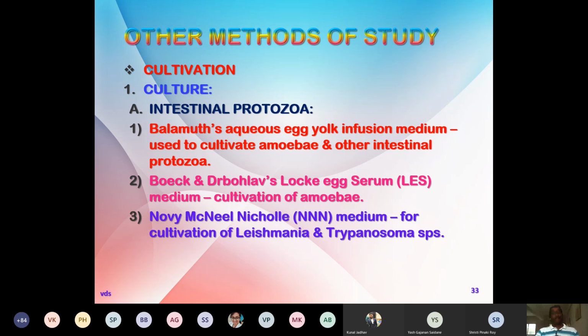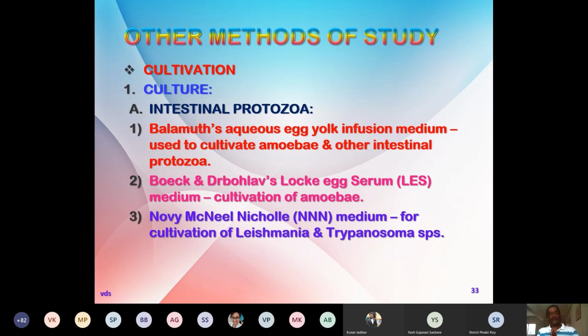Then, other methods of study, cultivation. As I've told you, we are not going to go into the details of how the parasites are cultivated. I'll just mention some of them which are under research and study. Intestinal protozoan parasite: Balamuth's aqueous egg yolk infusion medium is used for the cultivation of amoebae and other intestinal protozoan parasites, such as Giardia.